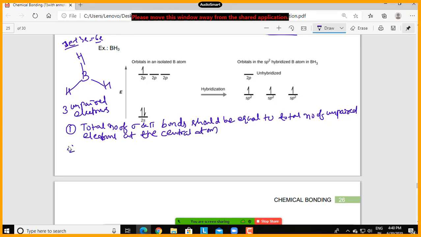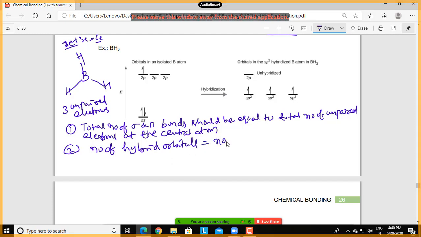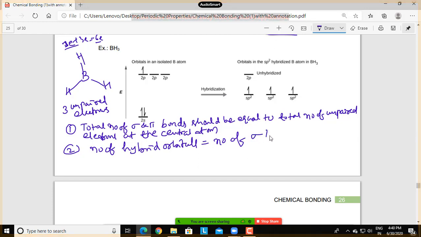Number 2, number of hybrid orbital should be equal to number of sigma bonds.